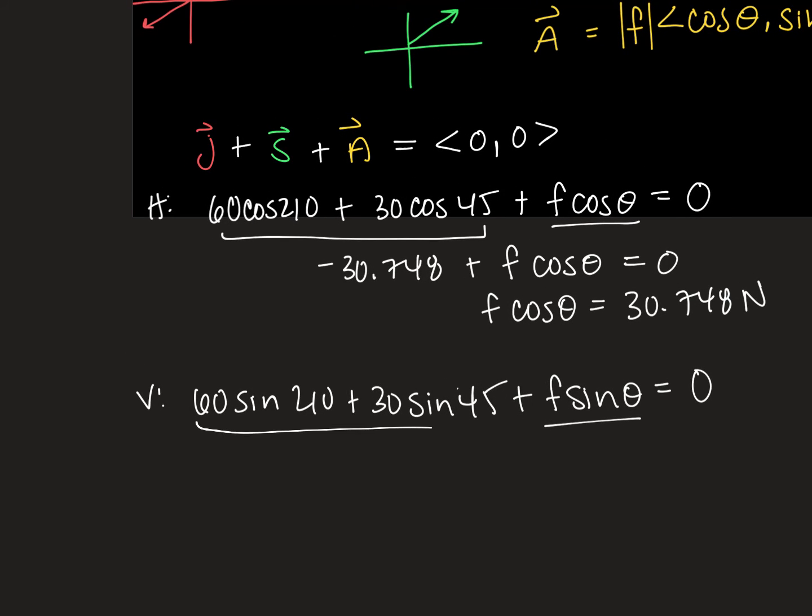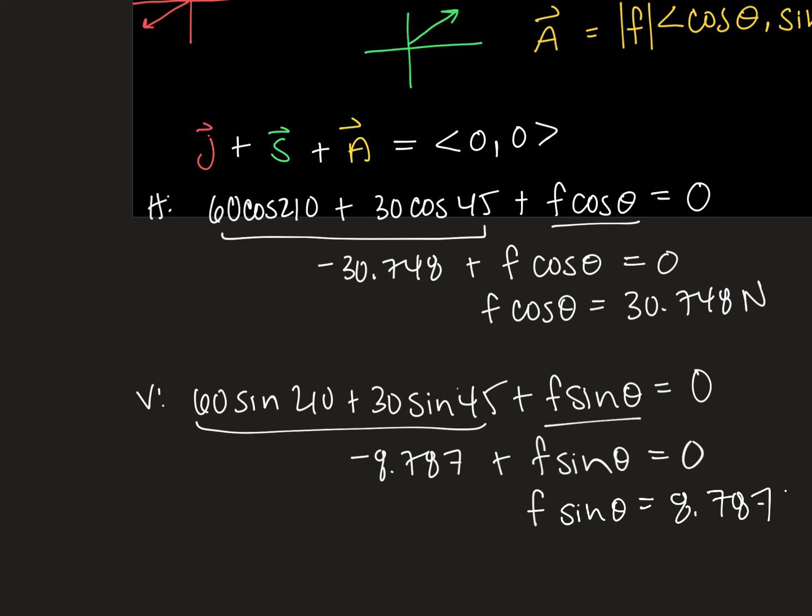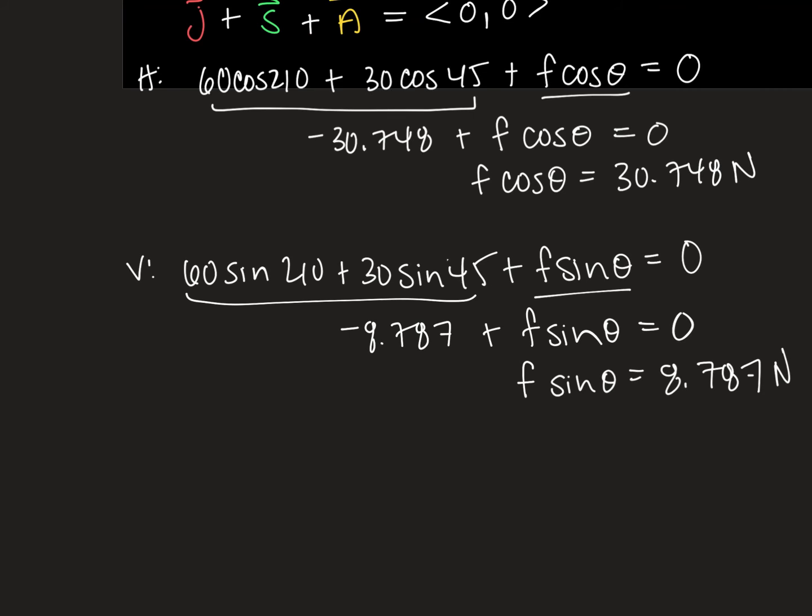So when I add these together, I get negative 8.787 plus Austin's vertical component equals 0. So the vertical component for Austin's tug of war vector is 8.787 newtons.